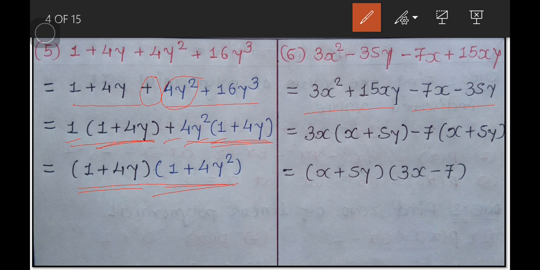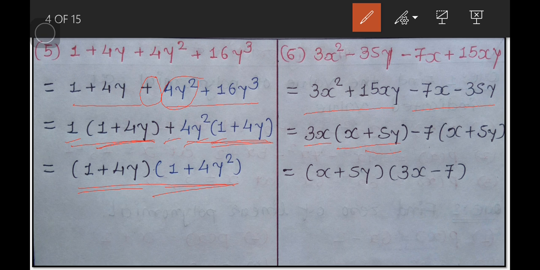In the first group we can find 3x as a common factor. We extract 3x from both terms, and the remaining part is x plus 5y.